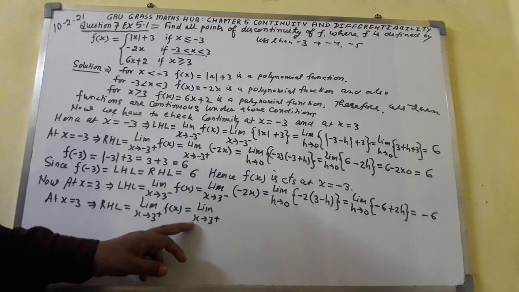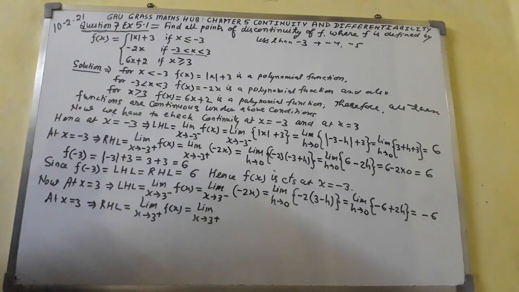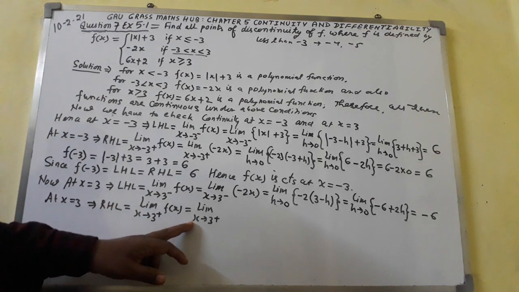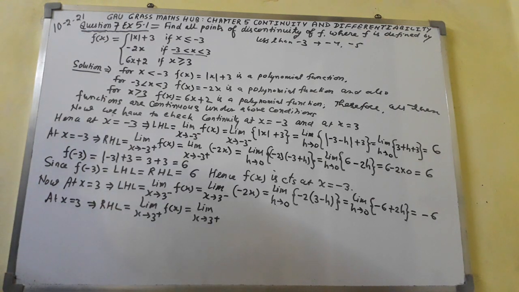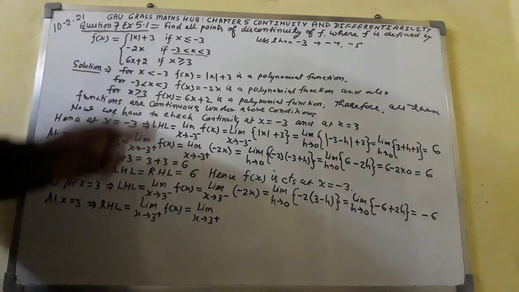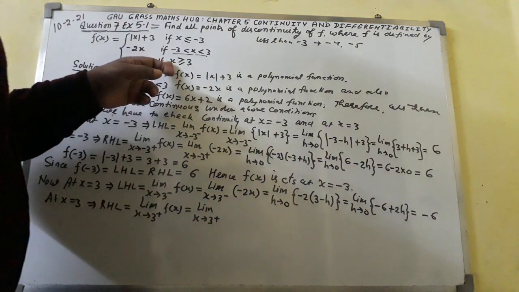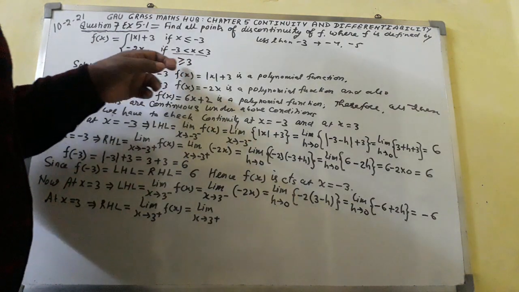Here you can see x tends 3 positive. This means that the value of x must be greater than 3. You have to choose the function in which the value of x is greater than 3. You can see the value of x here is greater than 3.